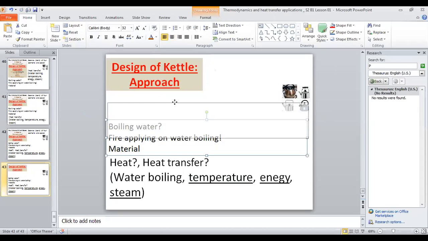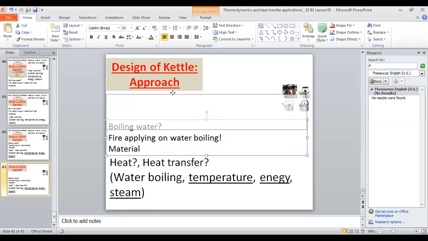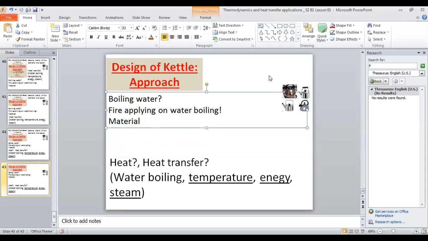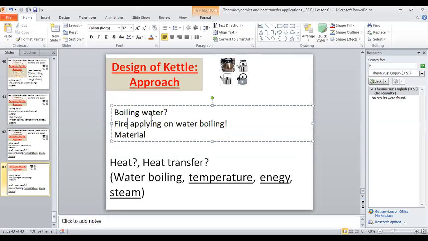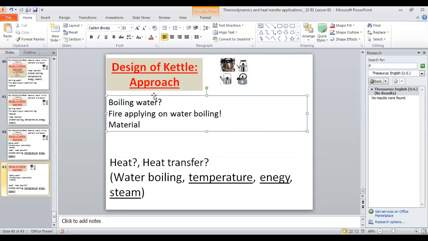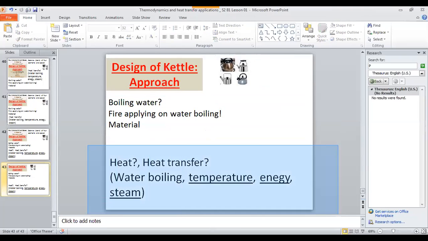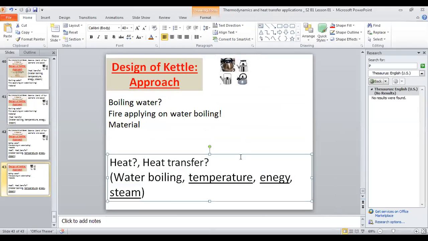Kettle. So you know the basic specifications or whatever. Design of the kettle, so many things there, but the basics. As a designer, you should know about this.